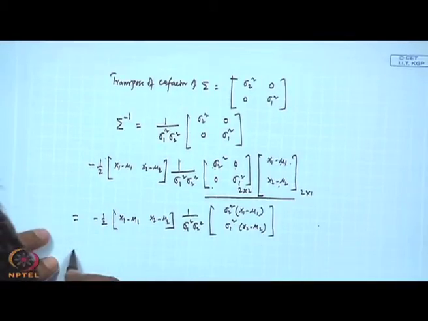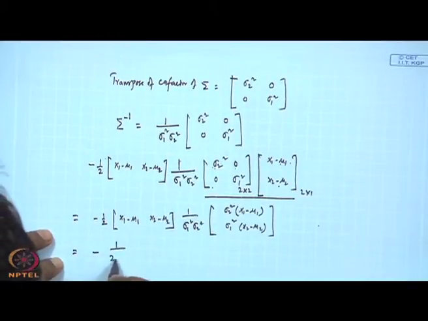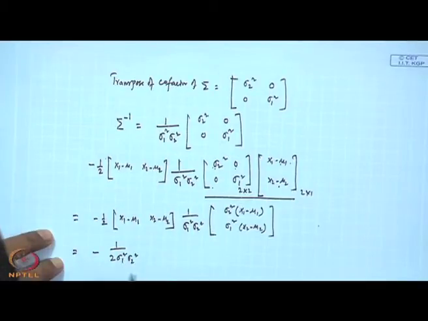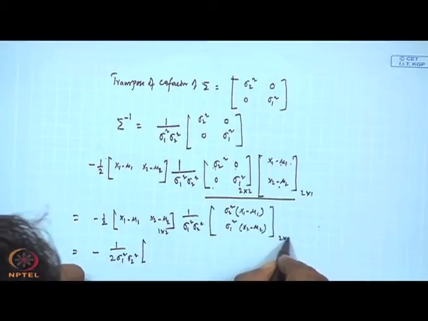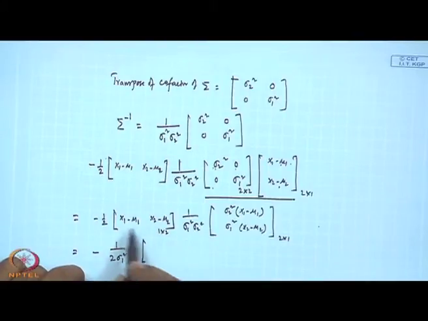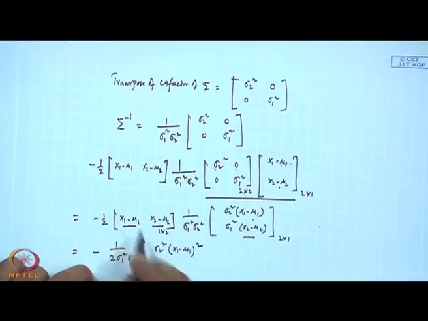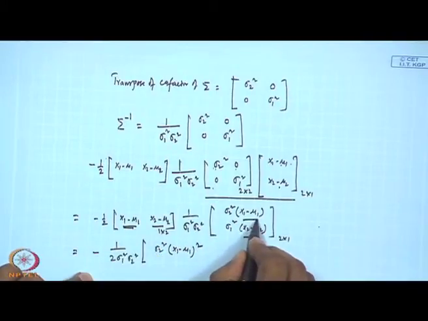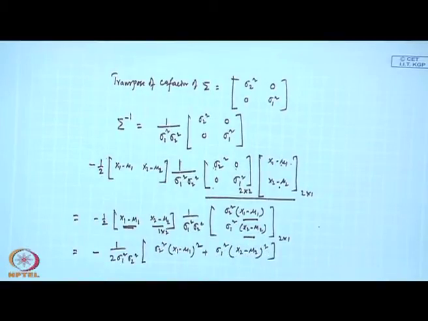Now let me keep sigma 1 square sigma 2 square on this side, later we will manipulate. If you multiply this 1 cross 2 and 2 cross 1, you will get 1 cross 1. So this into this plus this into this: sigma 2 square x 1 minus mu 1 square, because it is x 1 minus mu 1 times x 1 minus mu 1, plus sigma 1 square x 2 minus mu 2 square.